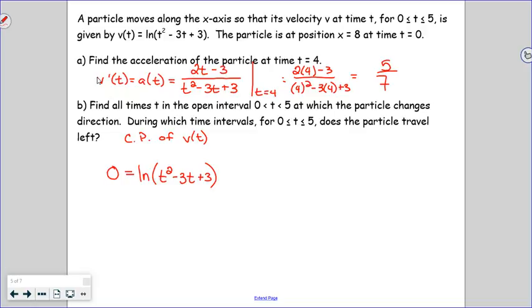When we've got our logarithmic equation by itself, I would flip to exponential, and exponentially this would be e to the 0 equals what's inside, yes? Okay, well, e to the 0 is 1. Solving that, I would get it equal to 0.